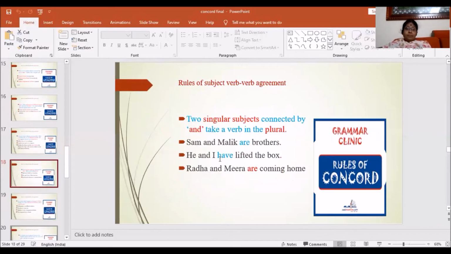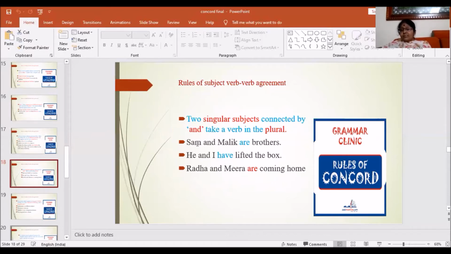Now next, two singular subjects connected by and take a verb in the plural form. Remember, two singular subjects connected by and take a plural form of verb. For example, Sam and Malik are brothers.